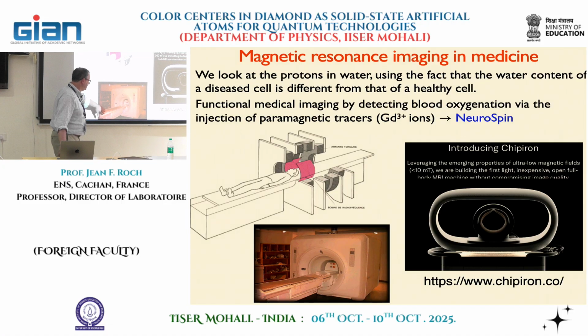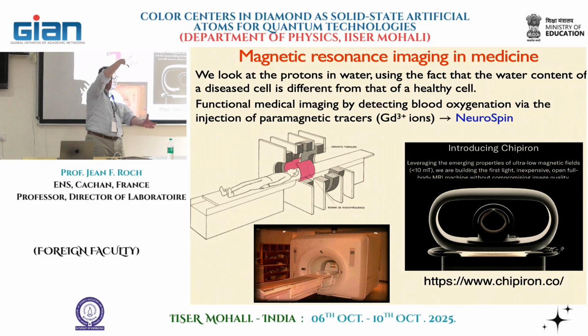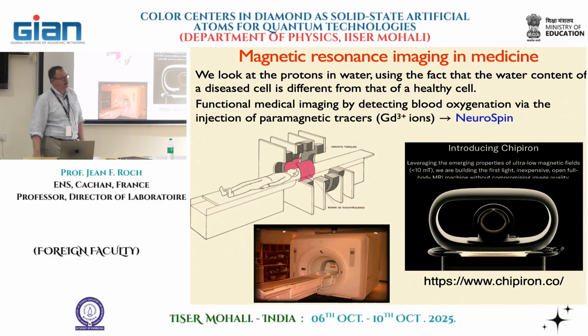So this is usually the machine for magnetic resonance imaging, where you have a superconducting magnet, and the patient is inserted inside. And in this machine, you have a system that turns the coils, which produce an awful noise.